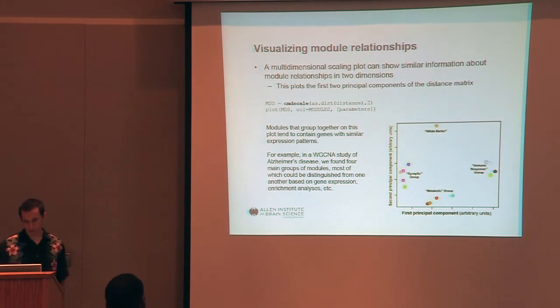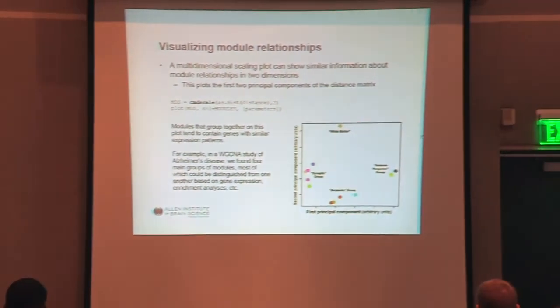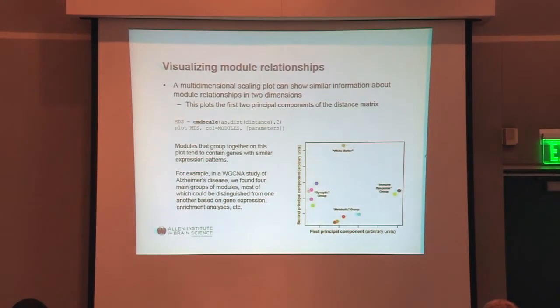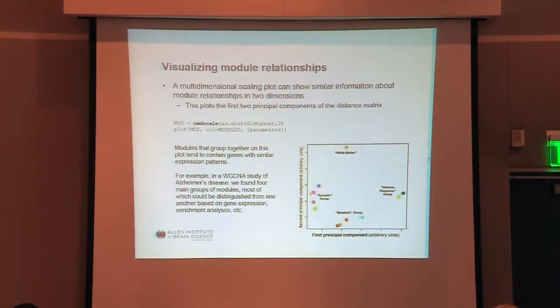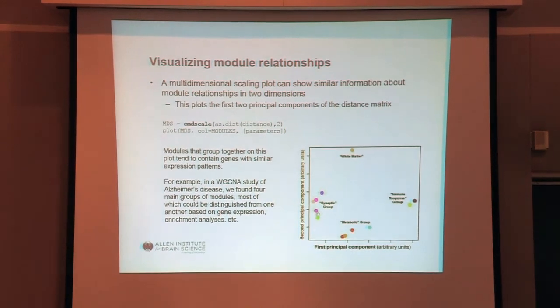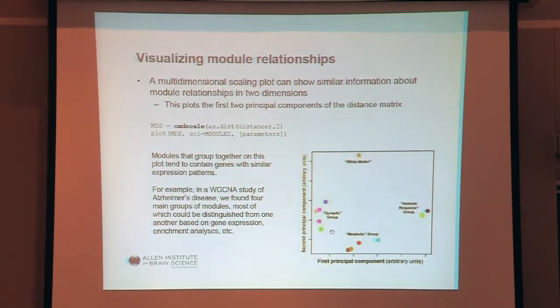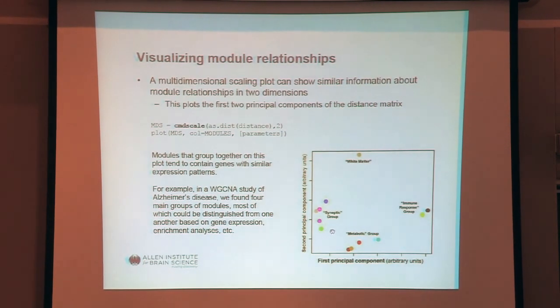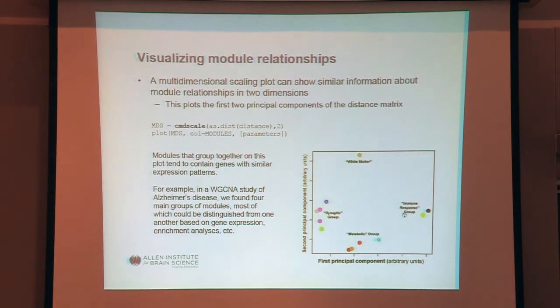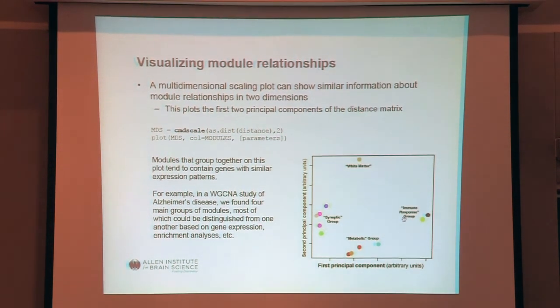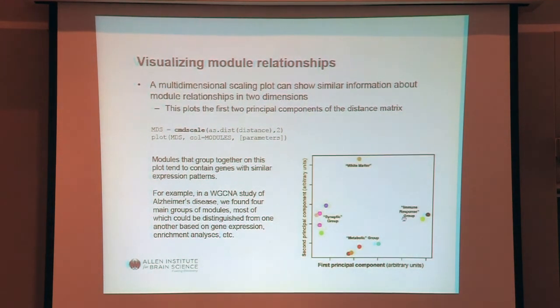So in this example, we did a WGCNA study looking at Alzheimer's disease, and we found these 4 groups of modules that represented different processes. So this one was 5 distinct groups of genes that all had some relationship with synapses and synaptic formation, another one with cell metabolism, and so on. And so this is often a useful way of displaying the data.